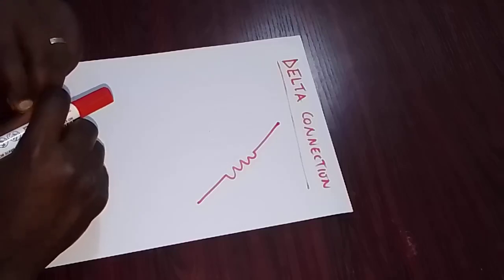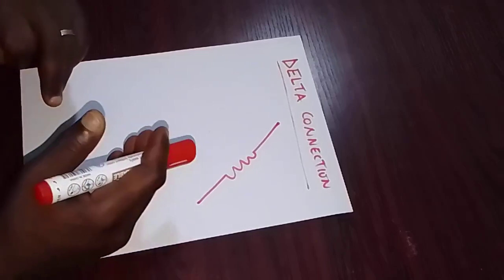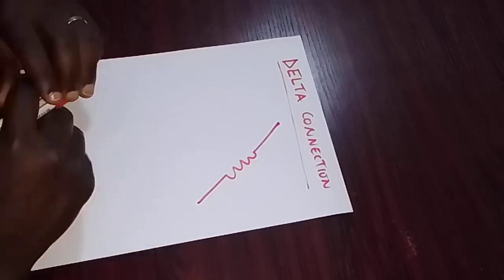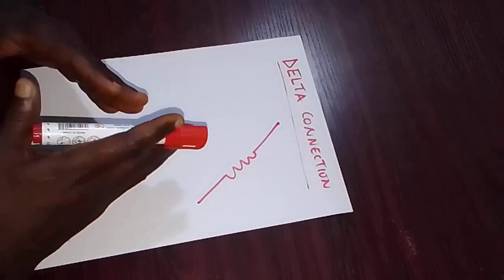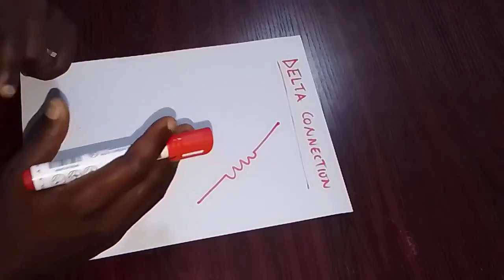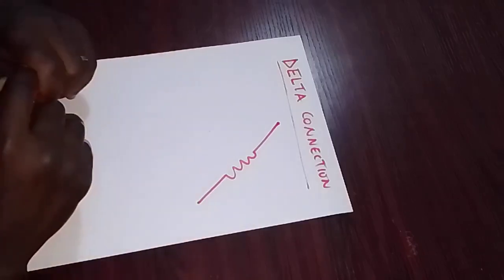Like I said, we're using the letters U, V, W, and it will follow in that order. First, you start with U, V, W, in that sequence.